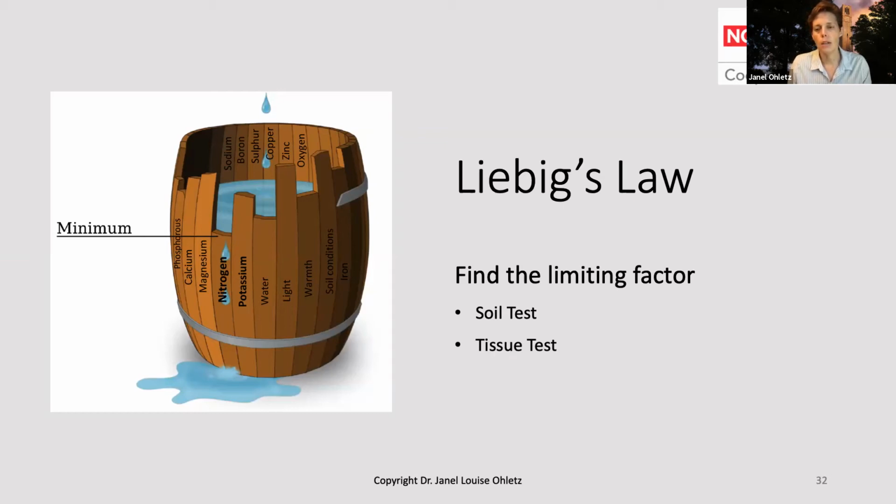So it is not just about taking a measurement and addressing it because some test said you were low in something. It's important to understand that it is a system, and you need to make sure you're addressing the most limiting nutrient. If it hasn't rained in 2 months and I don't irrigate, I could add all the nutrients I want, and it is not going to address the problem.